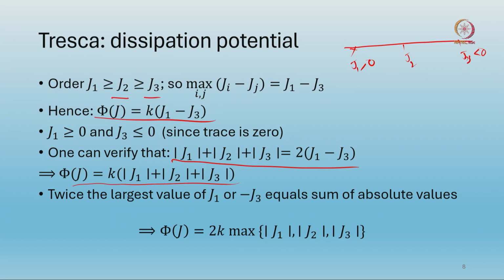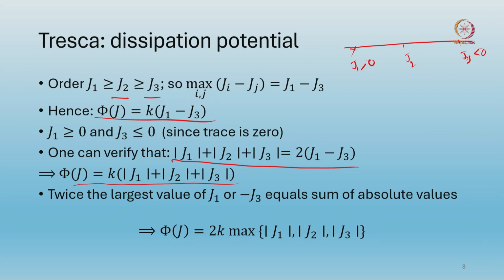Now comes the final part. We have already seen that the sum of the absolute values of J1, J2, J3 is actually equal to twice the largest value of J1 or J3.